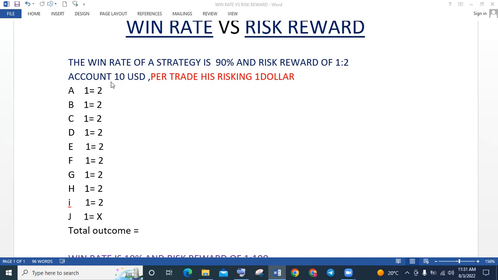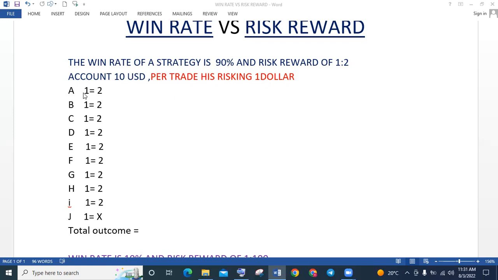So we have an example where he has a $10 account. Per trade, or per signal, when his method generates a signal, he's risking $1 in the $10 account.